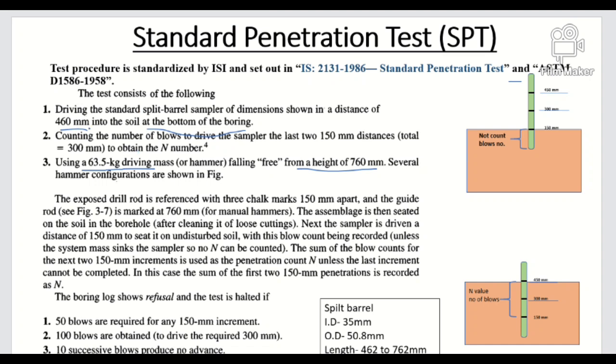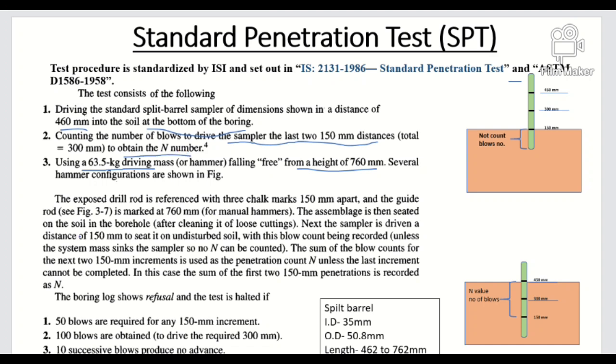Here, when the sampler or SPT rod is penetrated into the ground, the last 300 mm distance is counted as the SPT value or N value.